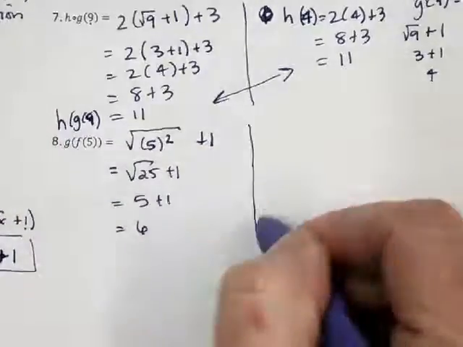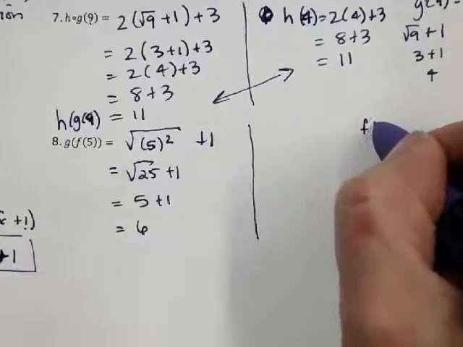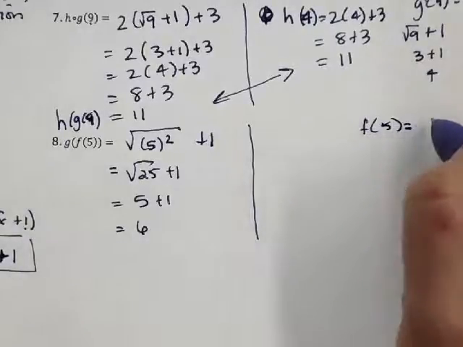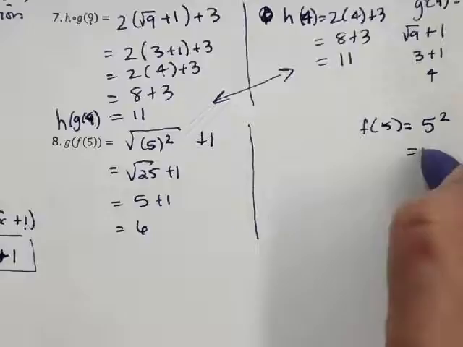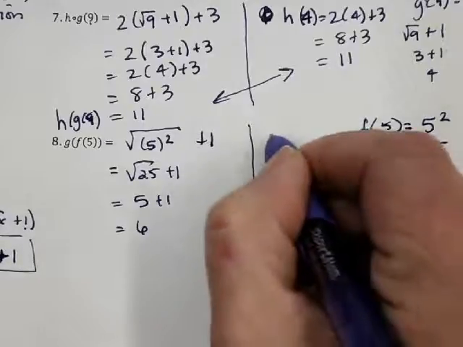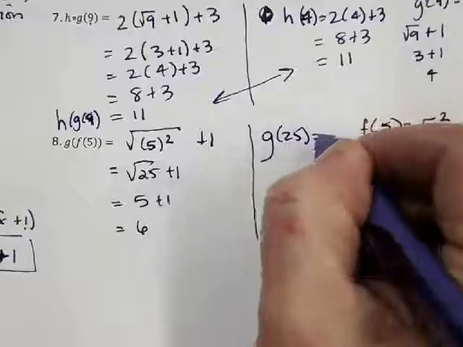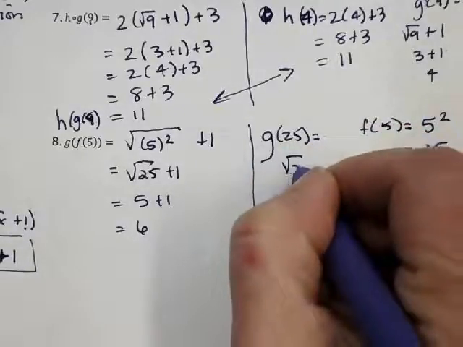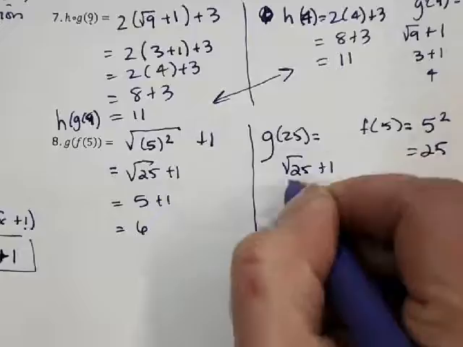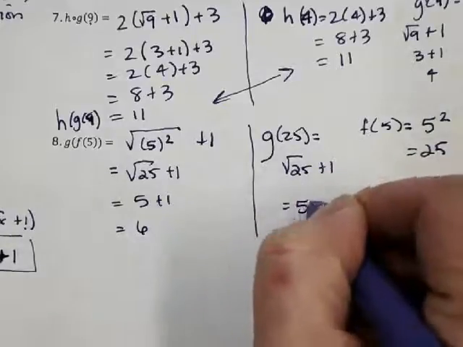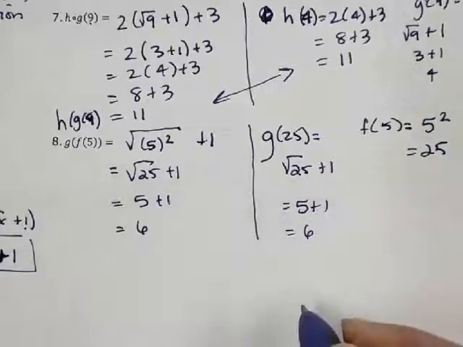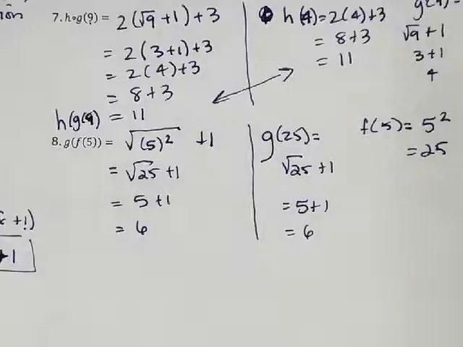Or I can do f of 5, and that gives me 5 squared, which is 25, and then g of this is equal to the square root of 25 plus 1, which is 5 plus 1, which is 6. And that's it.